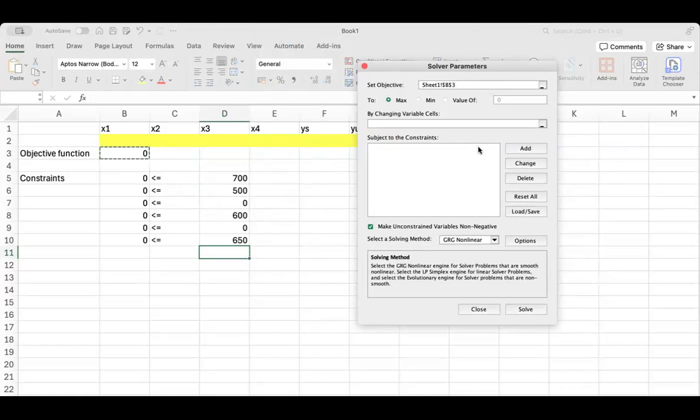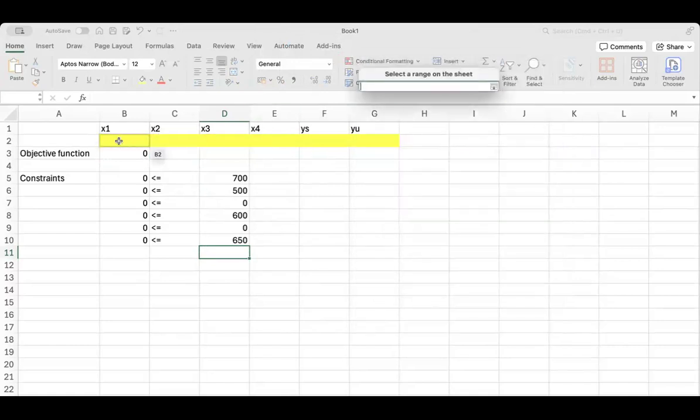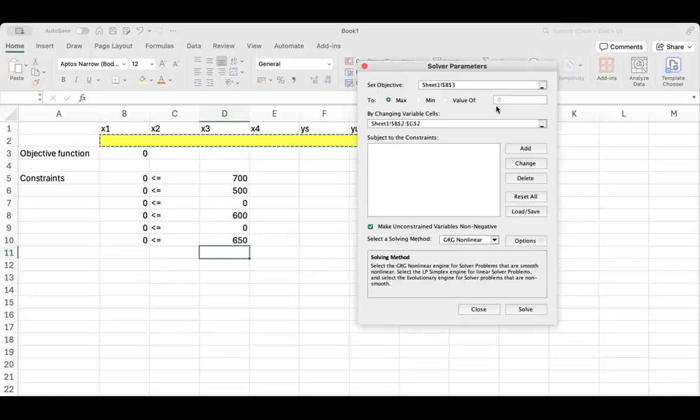And we're going to maximize it by changing variable cells. Click that, and I select from B2 to G2.